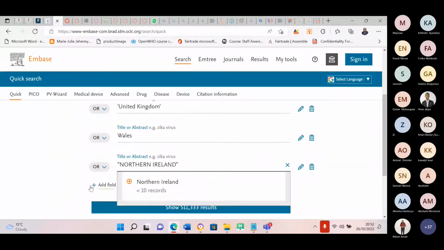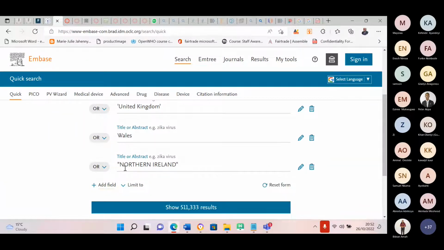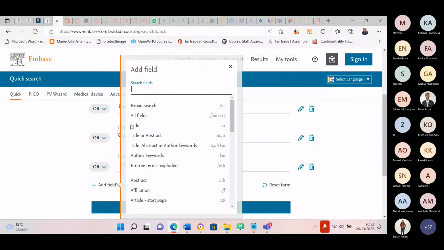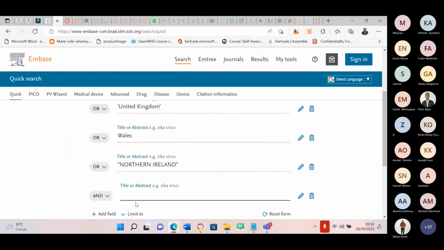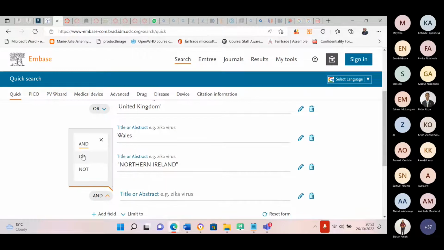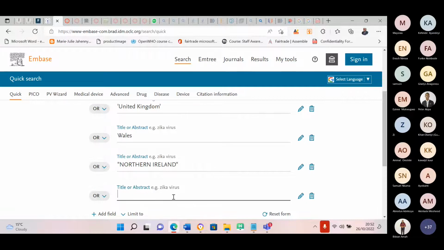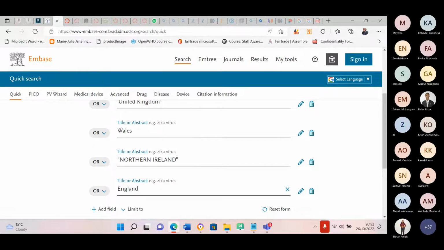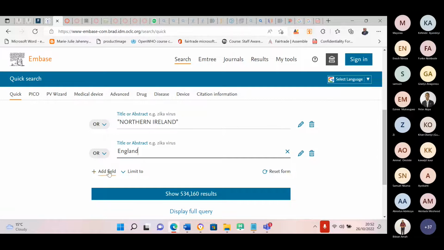The four states that make up the United Kingdom: Wales, Northern Ireland, the other one again. Title or abstract. Select all here. We have England. England is in the UK, right? So England or England. Okay.